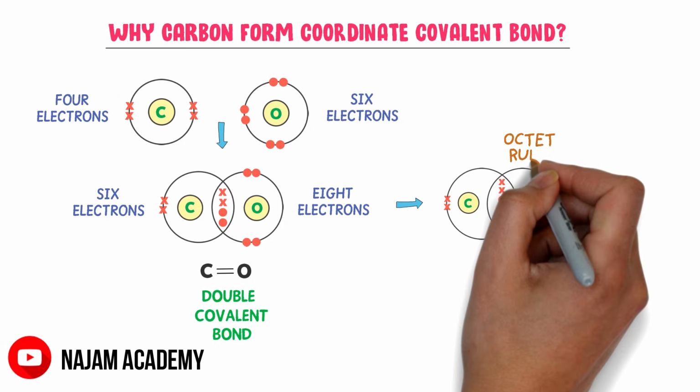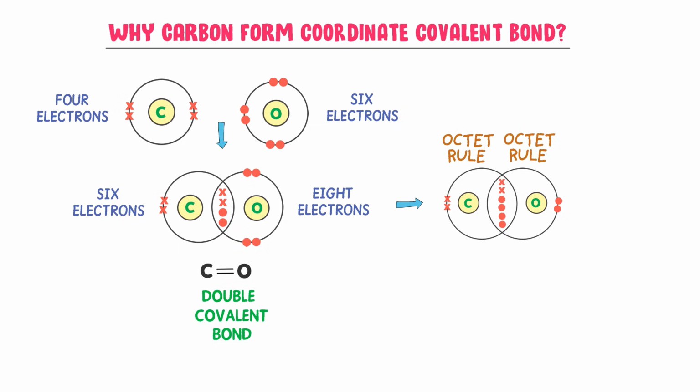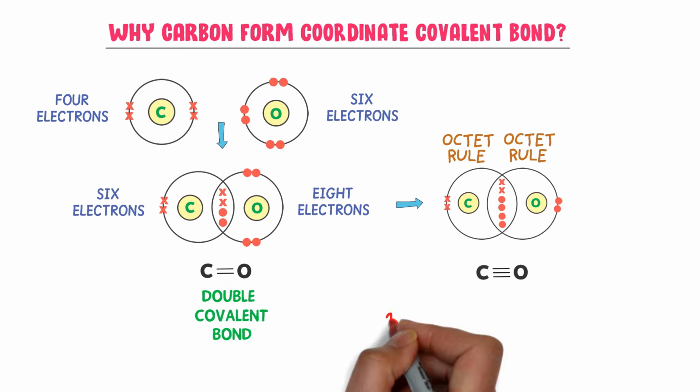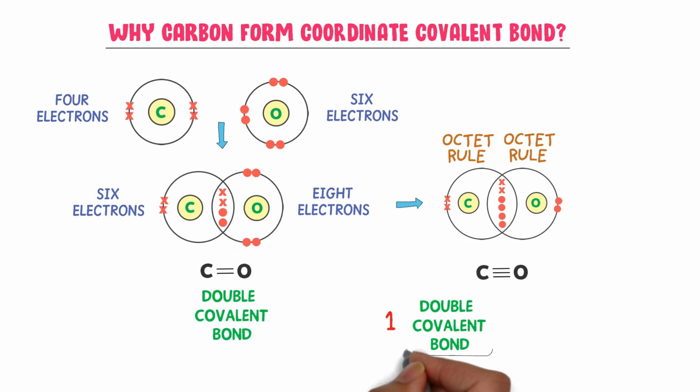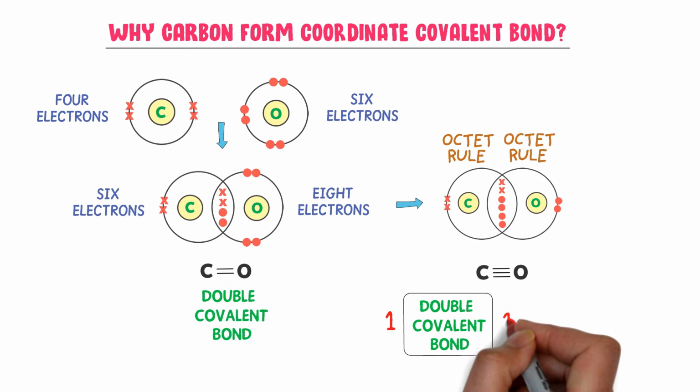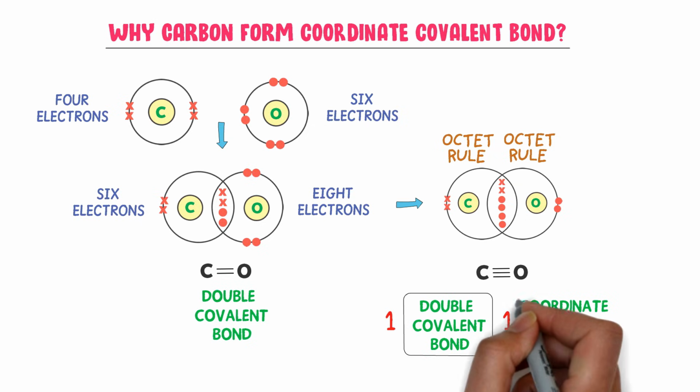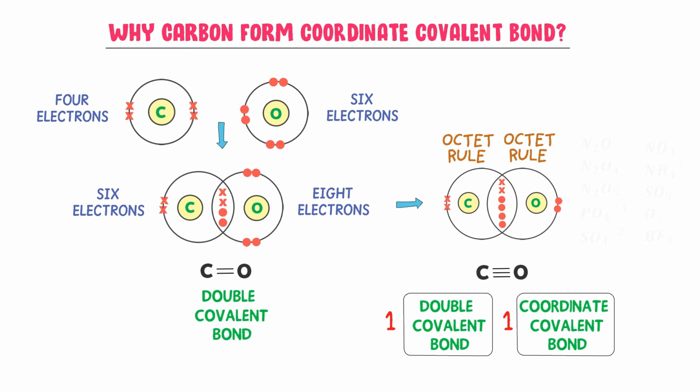So octet rule of oxygen and octet rule of carbon is satisfied. Therefore we write carbon monoxide like this. There is one double bond present between carbon and oxygen and there is one coordinate covalent bond present between carbon and oxygen. Hence we say that coordinate covalent bond exists in carbon monoxide.